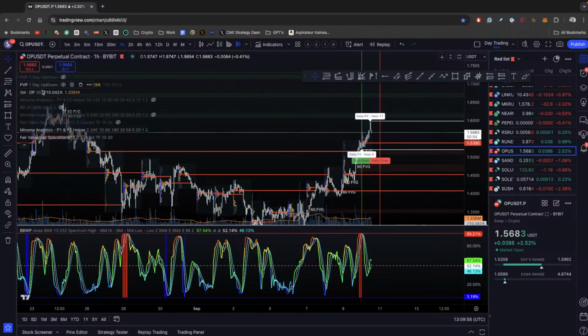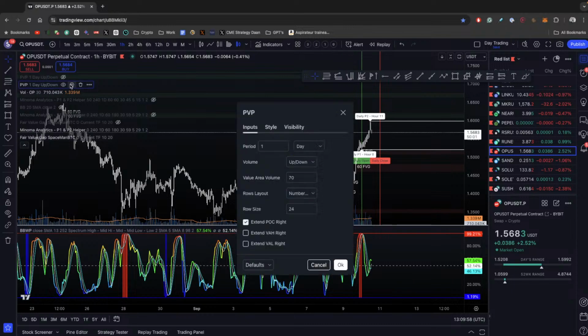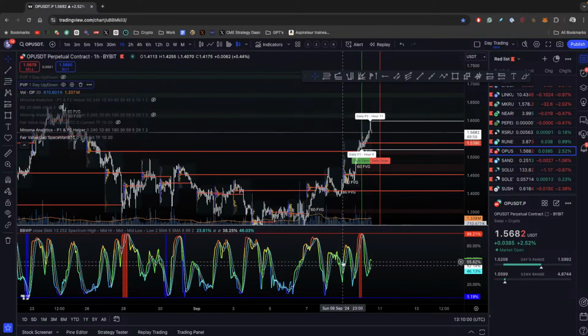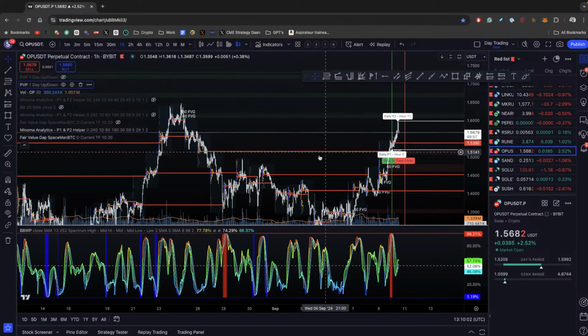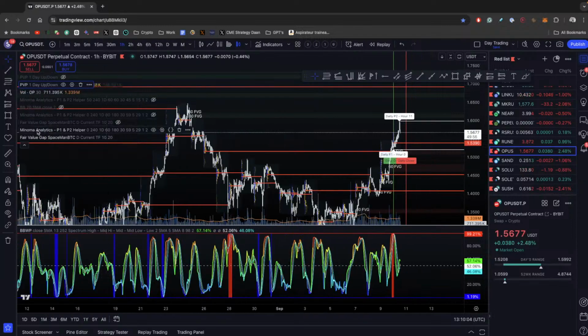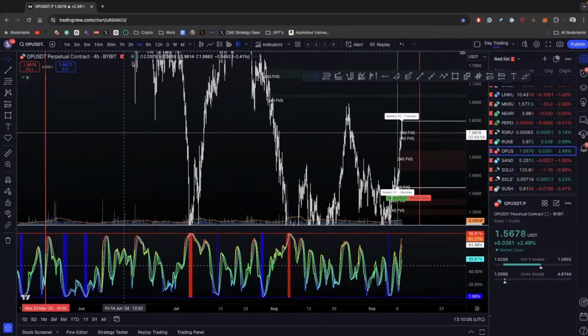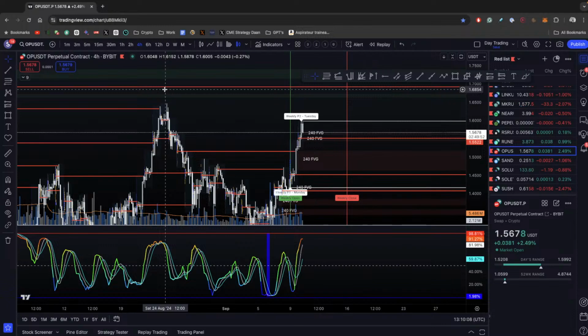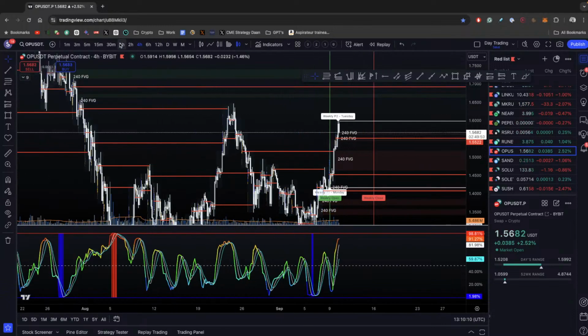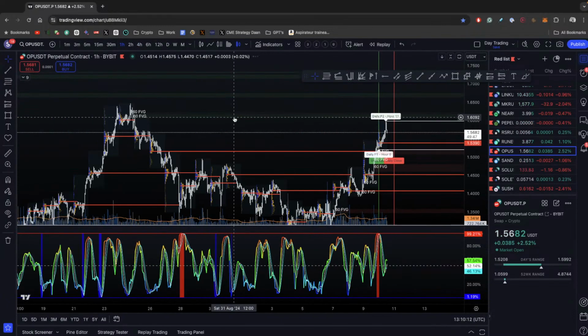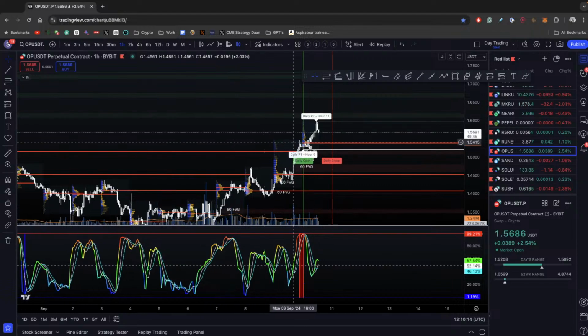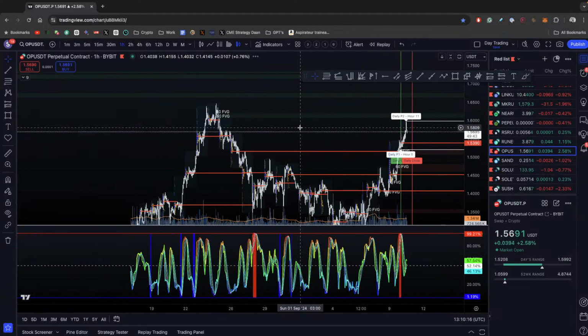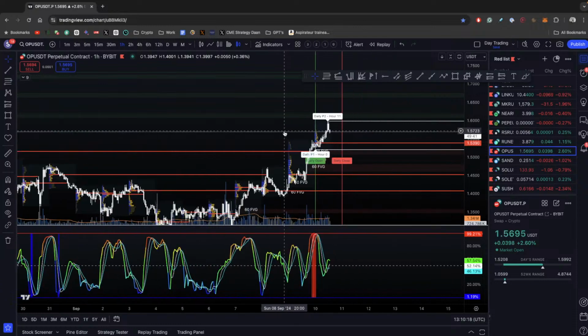Wait, what is this based on? Let me check. PVP, yeah, 1 day. All right, so maybe not. Maybe we passed the naked daily point of control. To me, if I see a naked daily point of control hit at a pace like this, then that's immediately a no-go for me, right? That's why I'm looking at this.